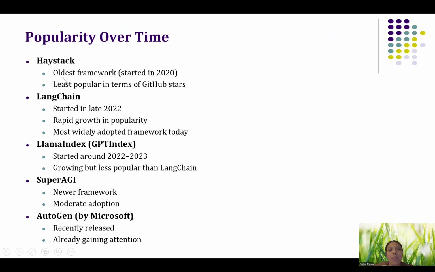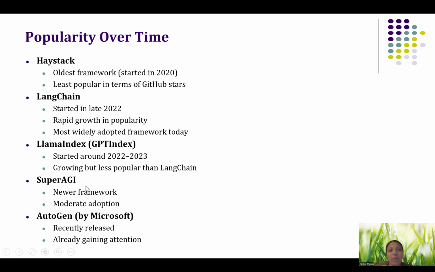The most popular frameworks, like LangChain. First one is Haystack. It started in 2020, and it is the least popular in terms of GitHub stars. Next one is LangChain, started in 2022, but it's very popular and mostly used. Then LlamaIndex started in 2022, but is less popular than LangChain.